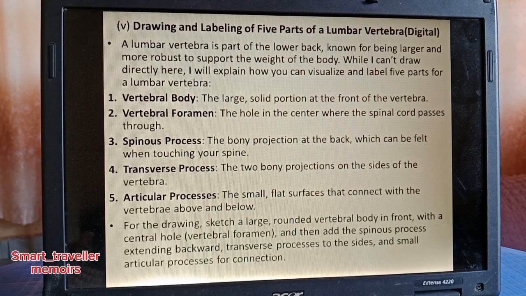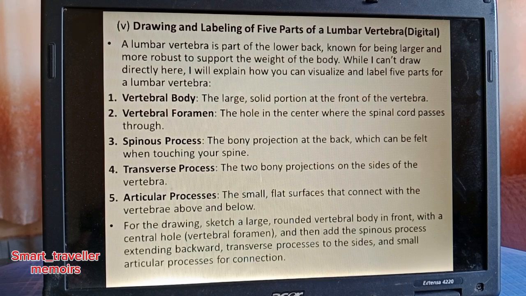Drawing and labeling of the 5 parts of the lumbar vertebra. A lumbar vertebra is part of the lower back, known for being larger and more robust to support the weight of the body. While I cannot draw directly here, I will explain how you can visualize and label 5 parts of a lumbar vertebra. We have the vertebral body, the large solid portion at the front of the vertebra.